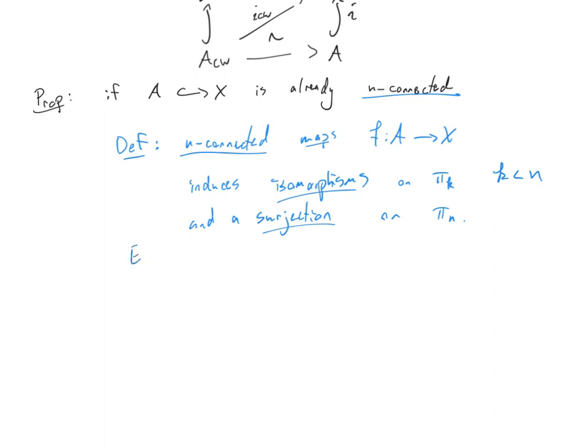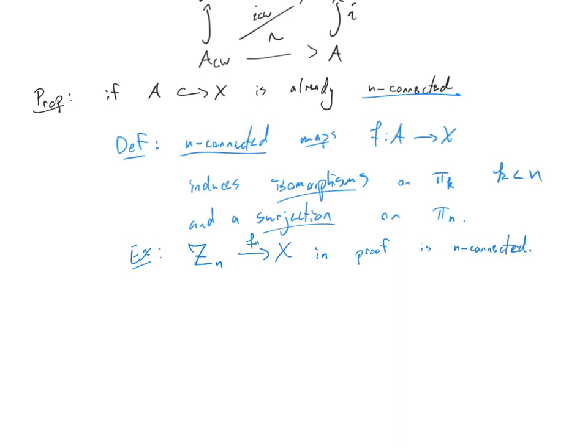So a good example is this map that we had, Z_n onto X in our proof. It was an isomorphism on degrees less than n and a surjection on degree n. So this is n-connected.